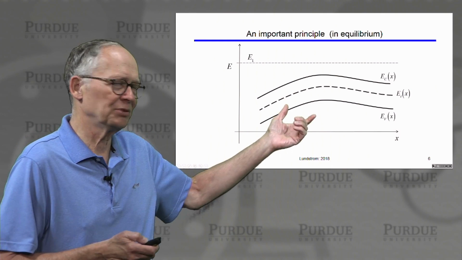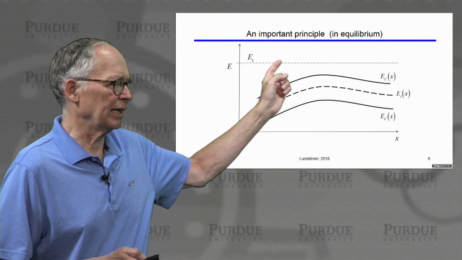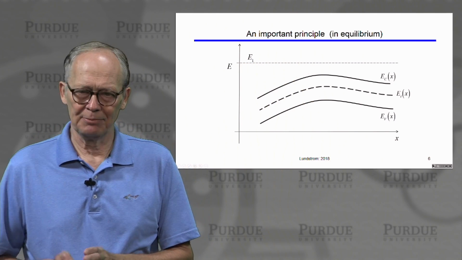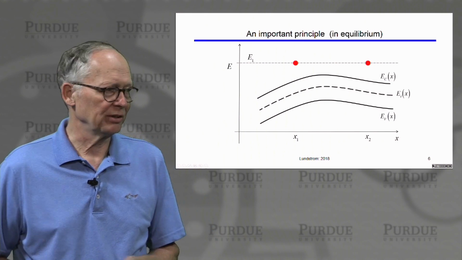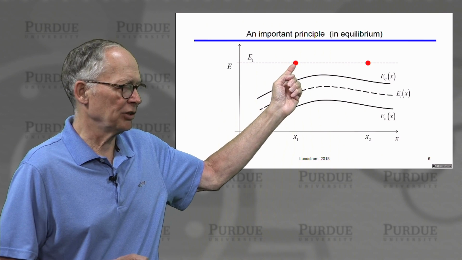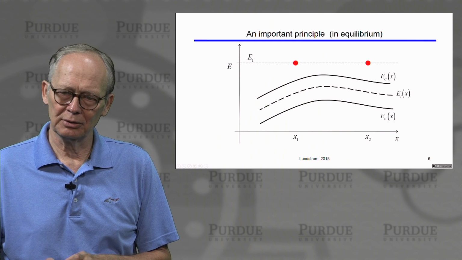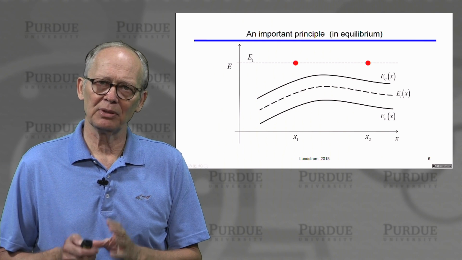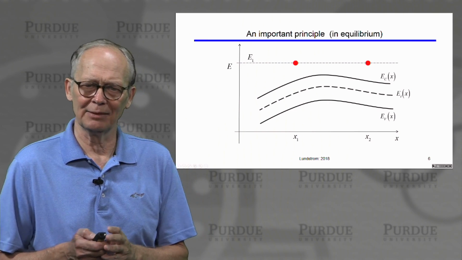So it may describe some semiconductor. Now, if I look at a particular energy here, E1, and maybe look at this position, X1, and look at this position, X2, the probability that the state at position X1 and energy E1 and the state at X2 and energy E2, the probability that they're occupied in equilibrium must be the same.